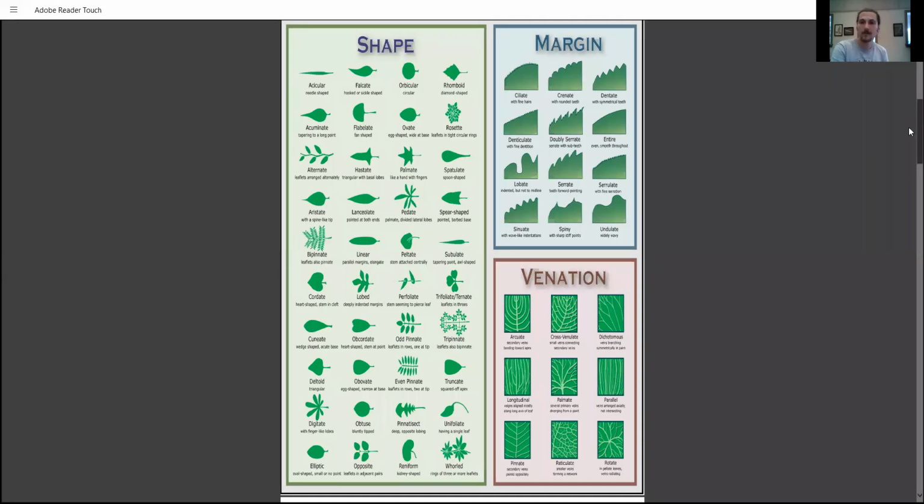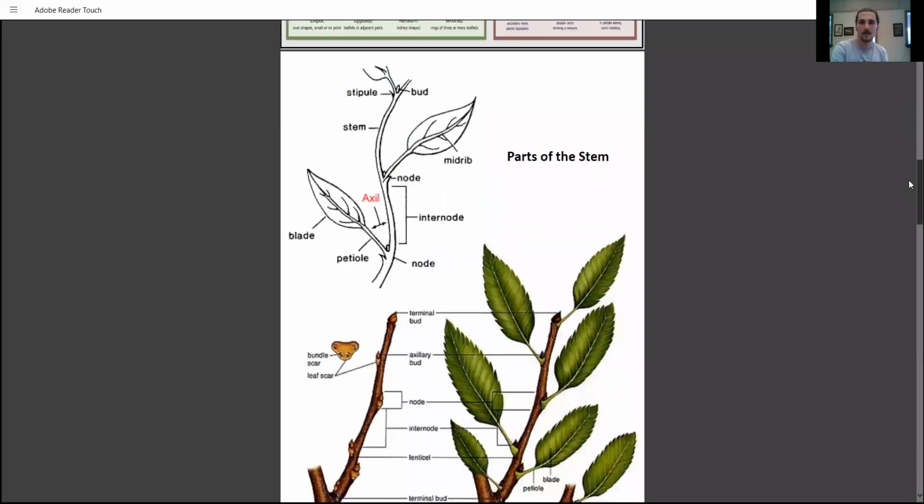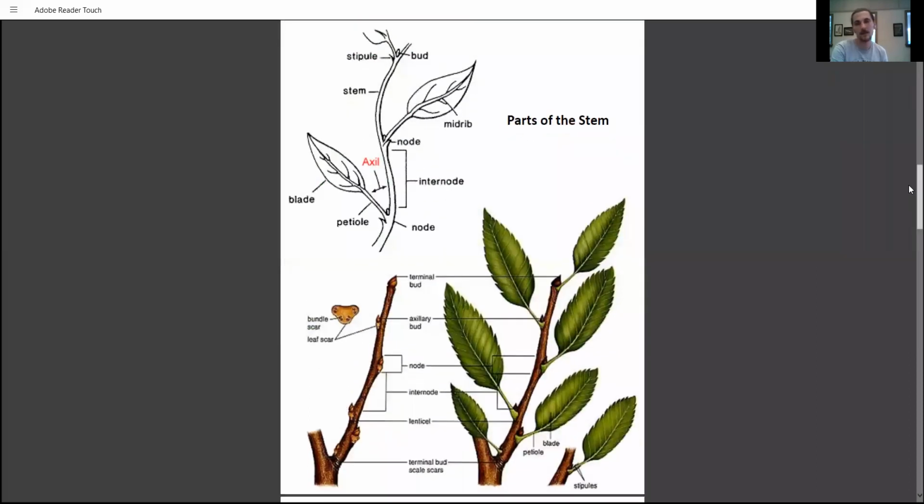Moving on from leaves now, let's go a little further down the plant. We've got the stems, the twigs, the branches. In general, all of those we can think of as synonyms. It really depends on the plant that you're looking at, and particularly the type of plant. If it is a soft tissued little herbaceous plant, we tend to call them stems or shoots or something like that.